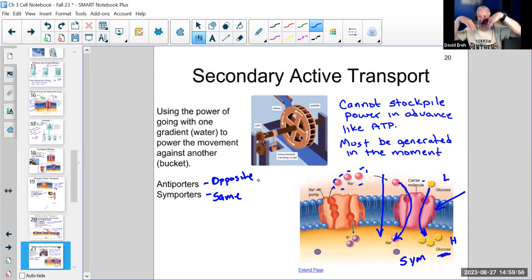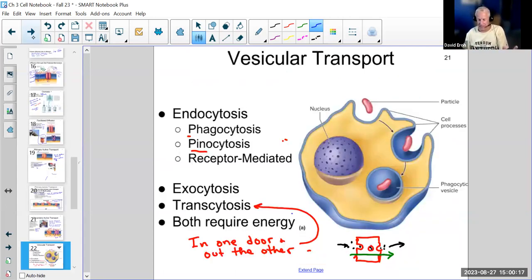So the things flowing in to give you the energy and the things that are pumped in are going in the same direction. You can have antiporters, where something is flowing out to give you the energy to pump something in. That's all that matters. It's a symporter if they both go the same way, and it's an antiporter if they go the other way. Doesn't change what's going on, but that's it.